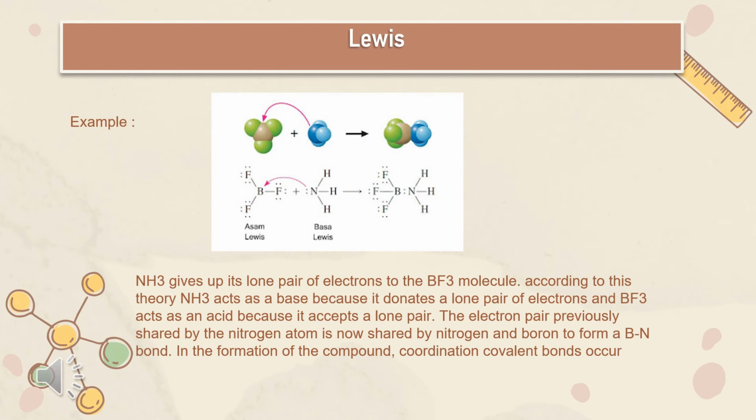And the electron pair previously held by the nitrogen atom is now shared by nitrogen and boron to form a B-N bond. In the formation of the coordination compound, a covalent bond occurs.